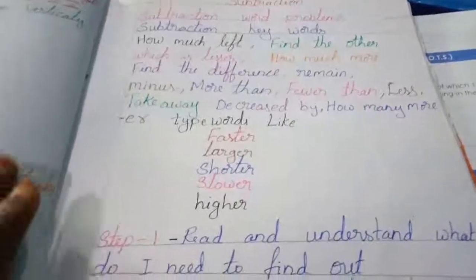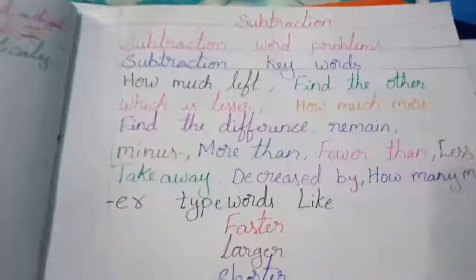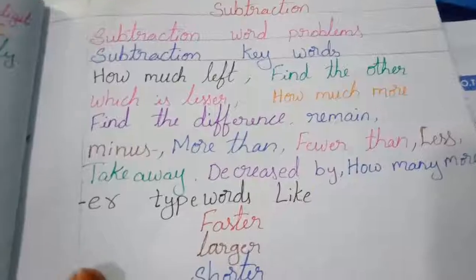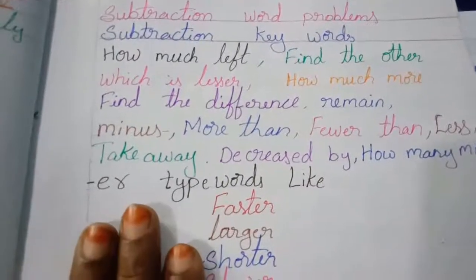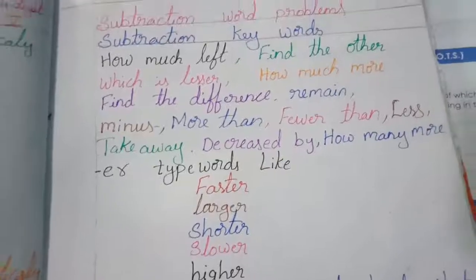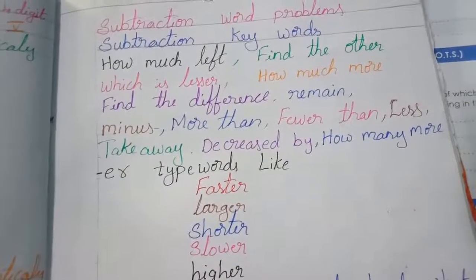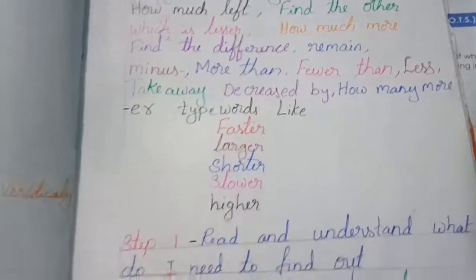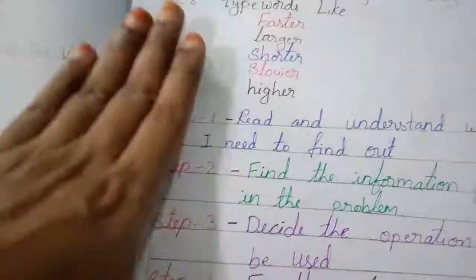Keep all these in your mind: the keywords of subtraction. Already you know addition keywords, now subtraction keywords. When you are doing a word problem, you should follow these steps.